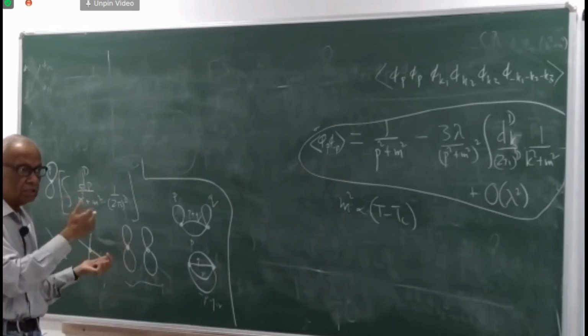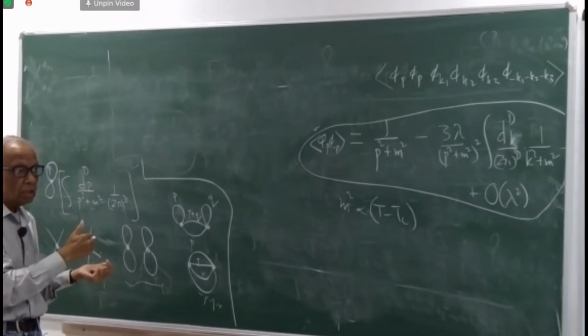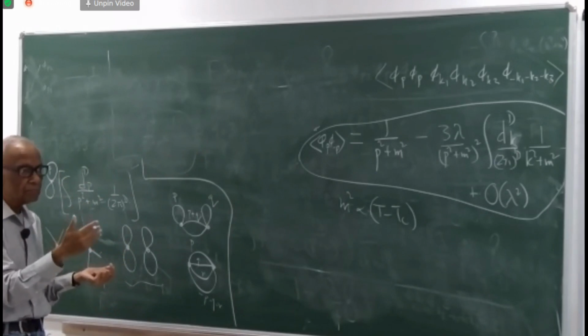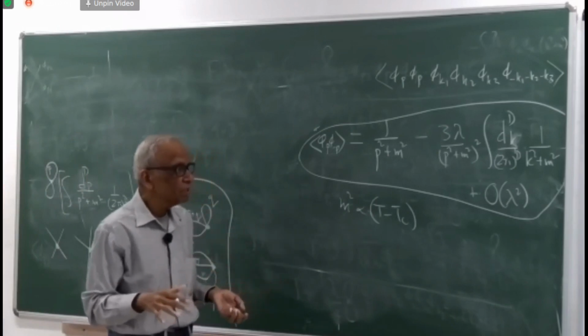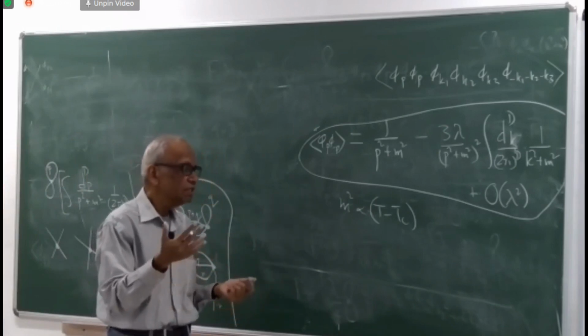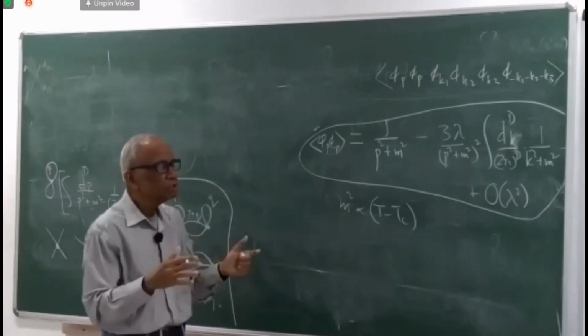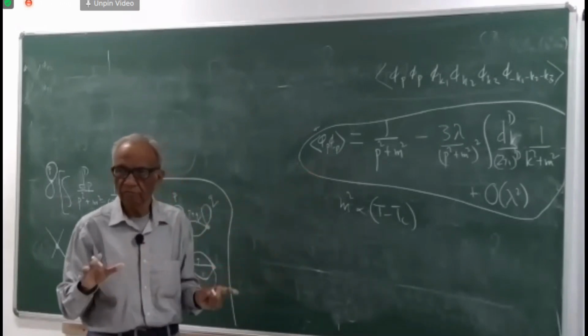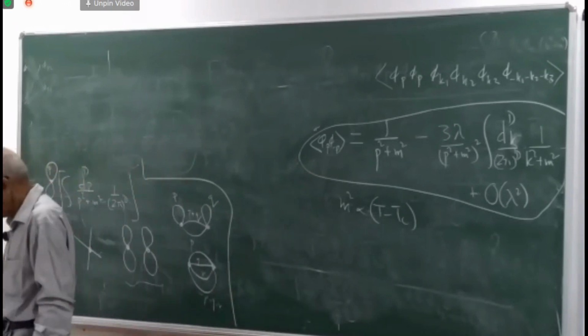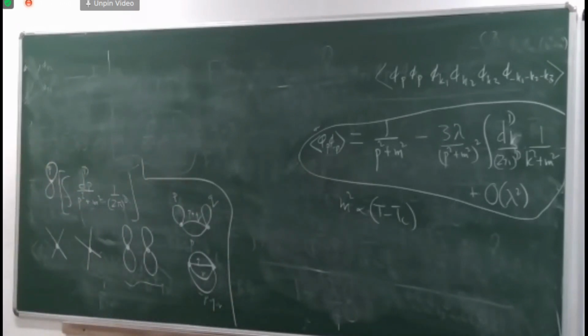D greater than 2, D equal to 2 is a marginal case where there are the logs which you have. So, all right. It's the propagator.